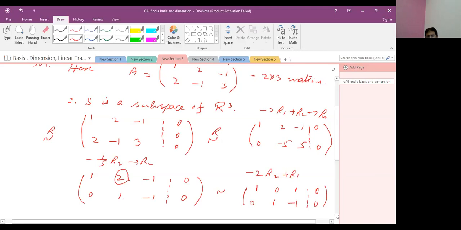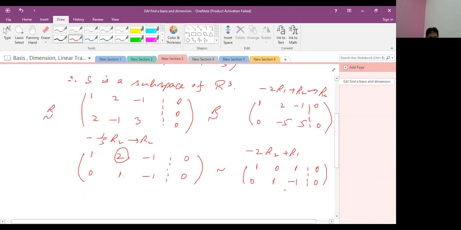So student, after that, the given matrix will be in reduced echelon form. Then we form the equations. With the variables x, y, z, the first equation is x plus z is equal to 0, and y minus z is equal to 0. So x is equal to minus z, and y is equal to z, and z is equal to z.